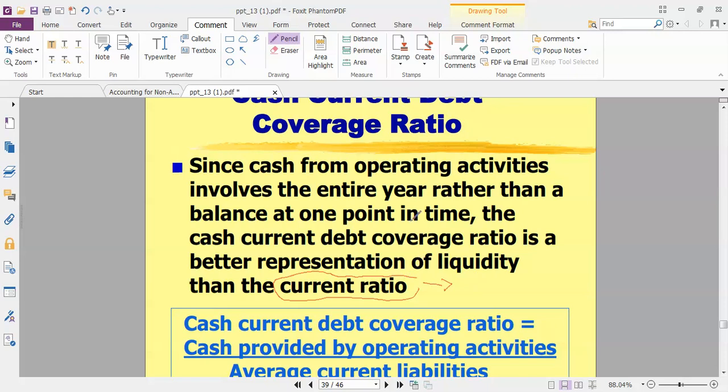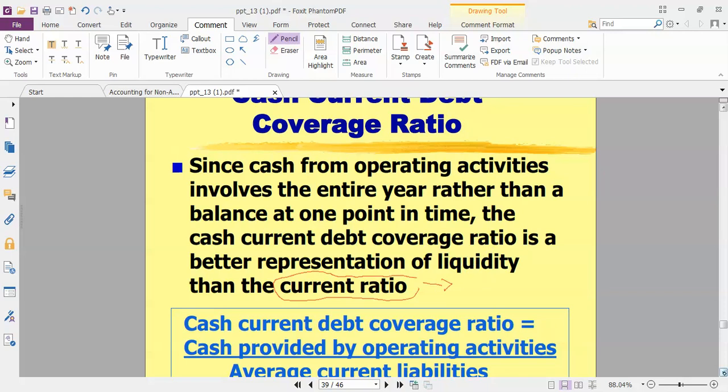So they said here, to search for better liquidity. To know the liquidity of the company better, you use the cash current debt coverage ratio rather than the current ratio.